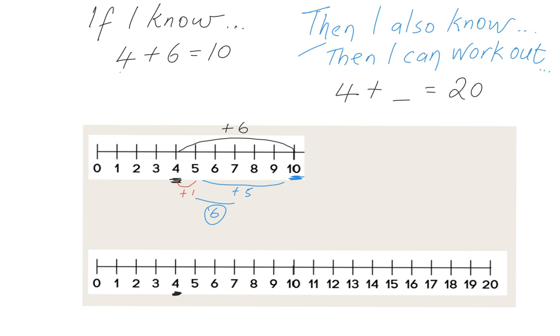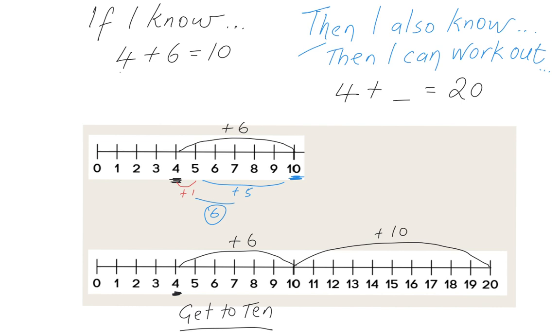And we're using our initial knowledge. We've got the idea that 4 plus 6 is 10. And then we've got a jump of 10 to get us to 20. Here, students would have to have that idea of 10 plus 10 equals 20. That's a really useful fact to know here.